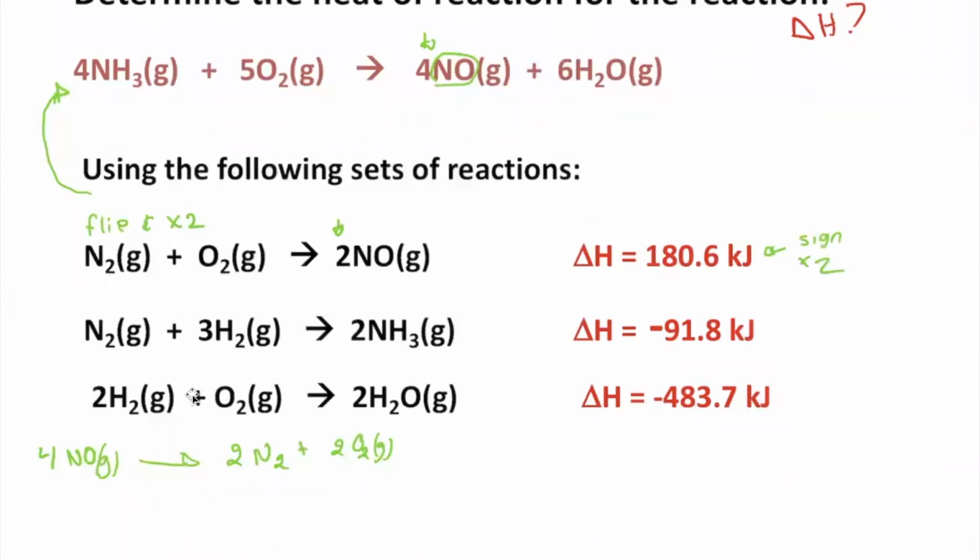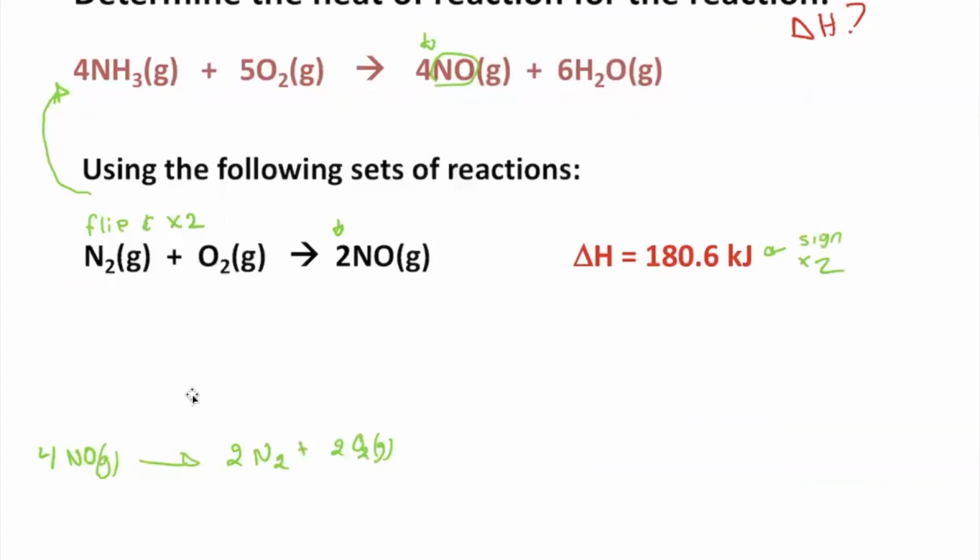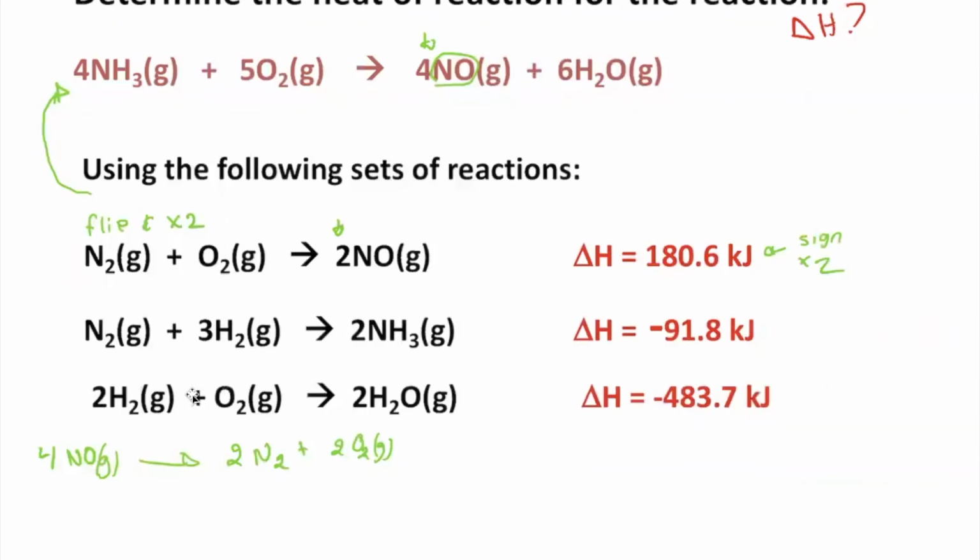So when you do that, the delta H is going to be negative, then 180 times 2 gives 361, so negative 361.